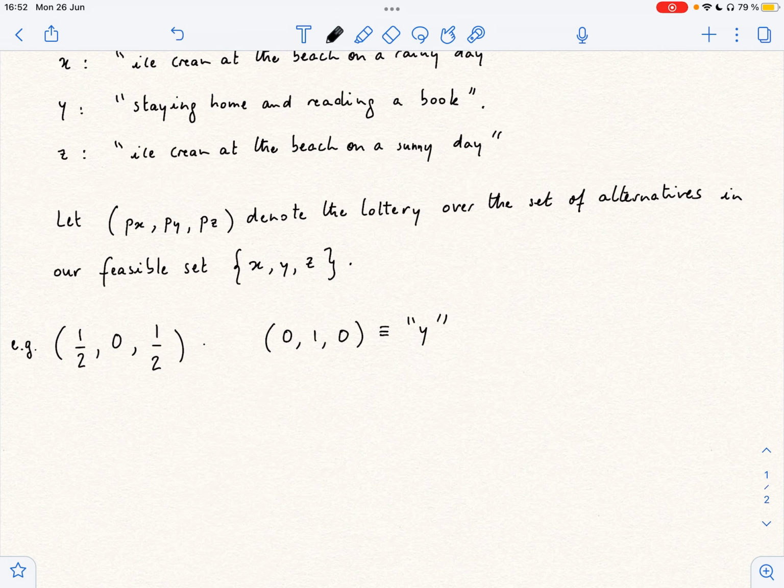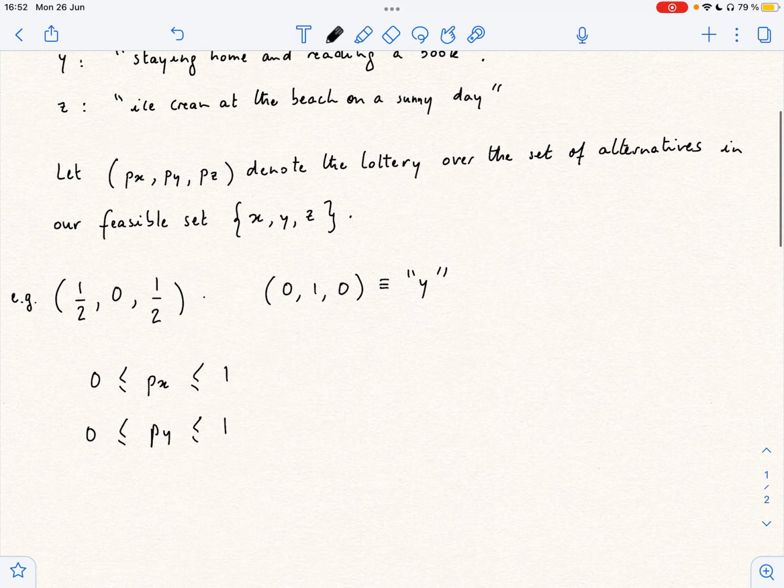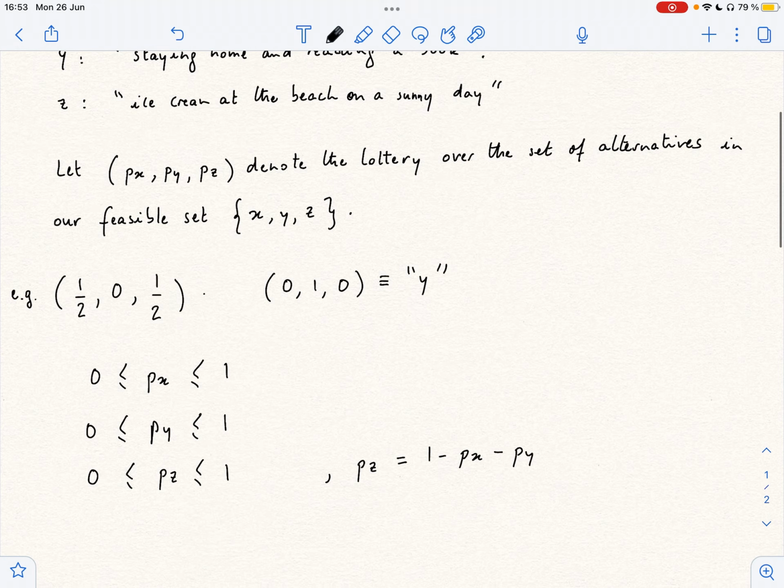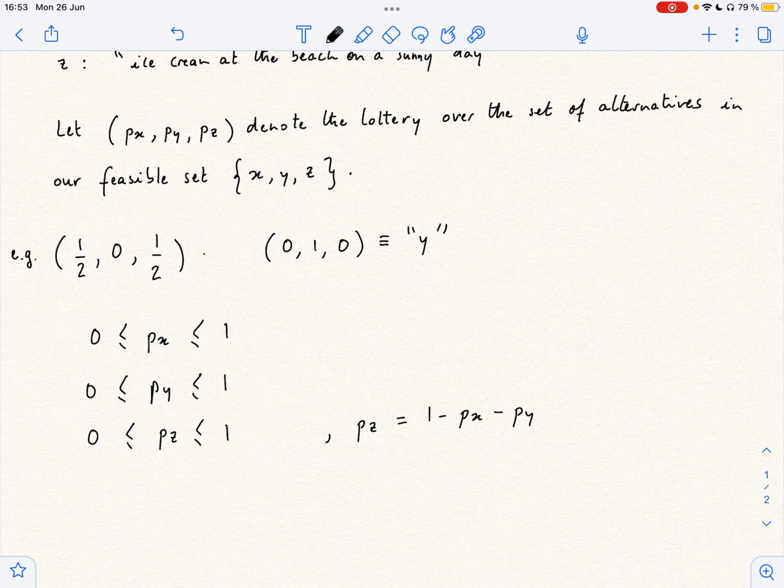Because px, py, pz is a probability distribution, we need the following requirements. We need each of these probabilities to be between 0 and 1. And we have something that's redundant, is that because the sum of the probabilities is going to be exactly equal to 1, we can rewrite that pz is exactly equal to 1 minus px minus py, right? We don't need the extra notation.